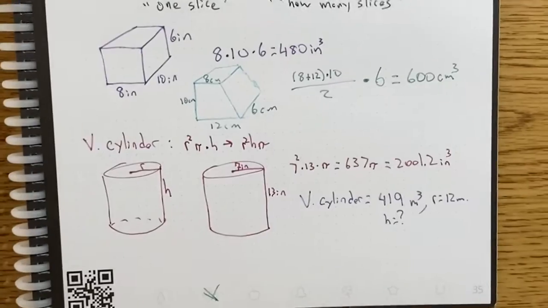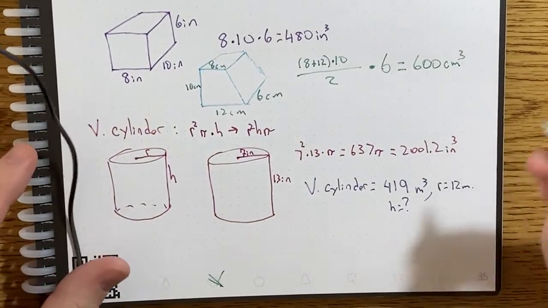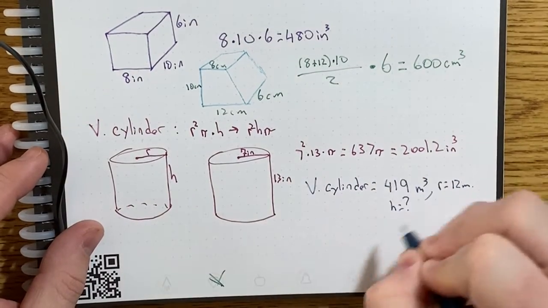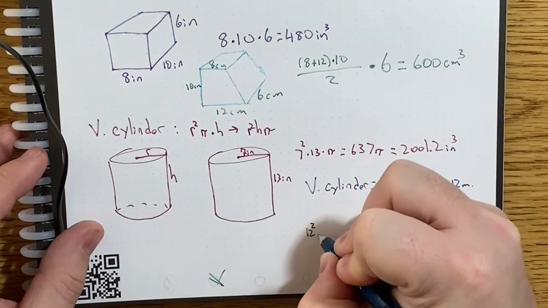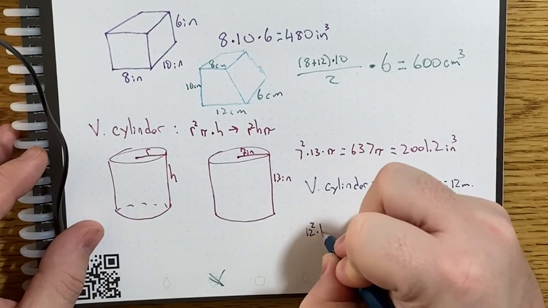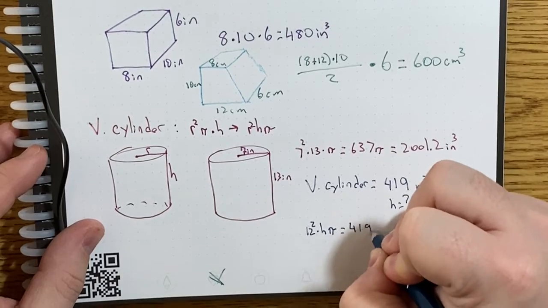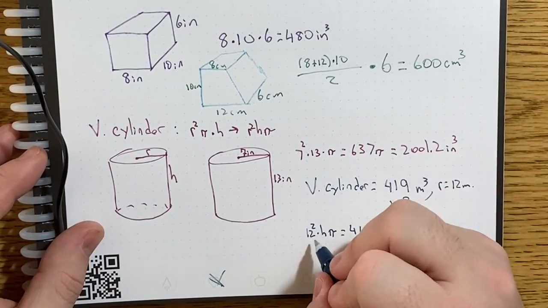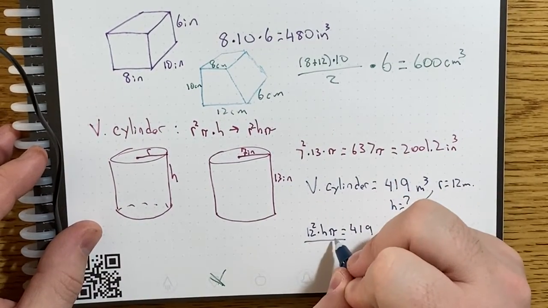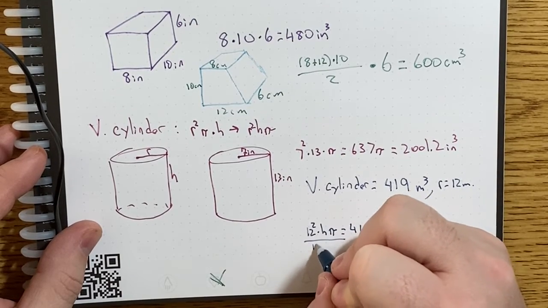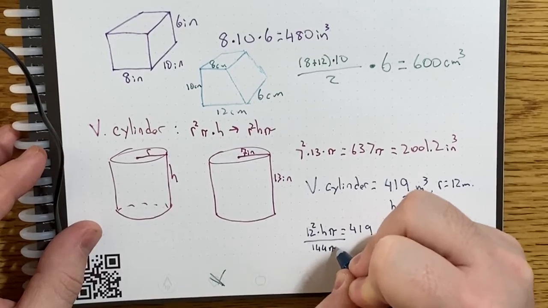So to do something like that, you just plug in this formula here, r squared, so you put 12 squared, times height, which we don't know, so we'll leave it height, pi equals 419. Now, I'm just going to divide by everything that's not h, and I know that 12 squared is 144, so I'm going to divide by 144 pi, so those cancel out.